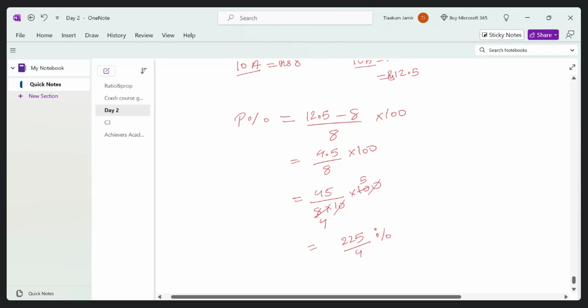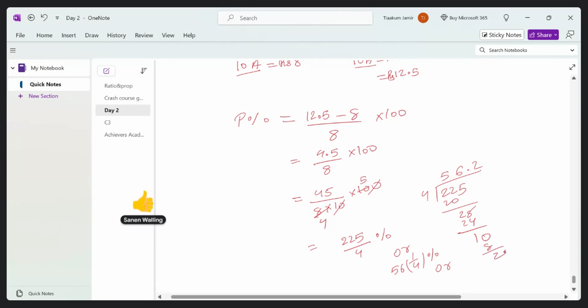The options can be like that. So 4 times 6 is 24, and the options can be 56 1 by 4 percent, or 56.25 percent.